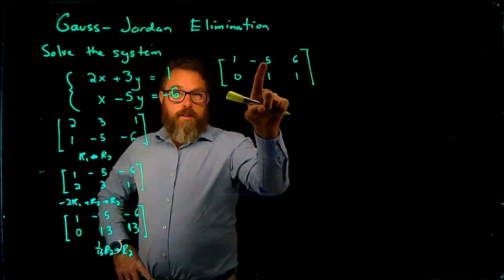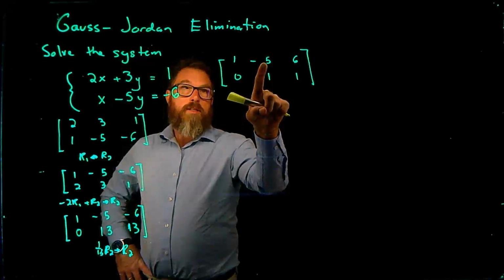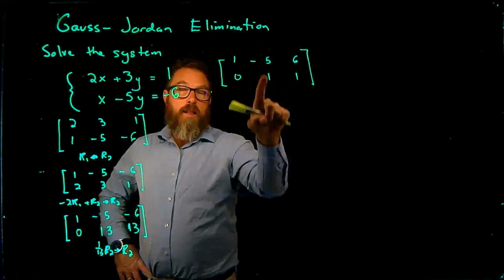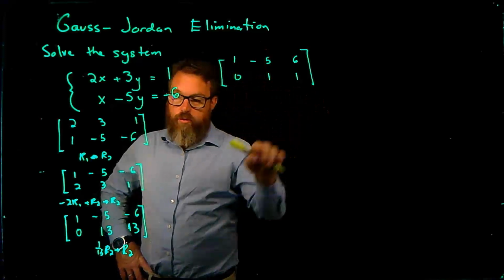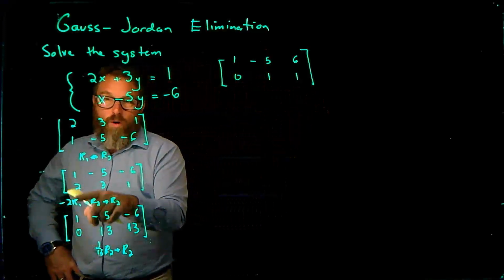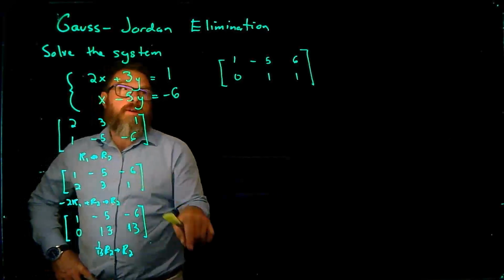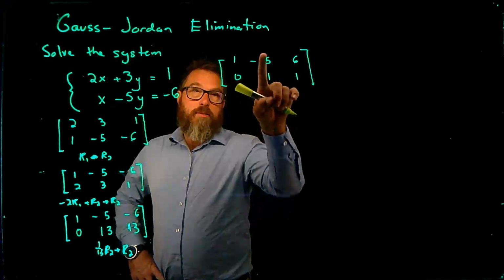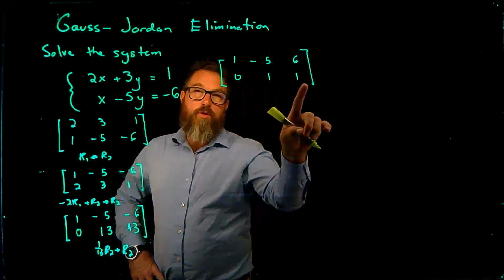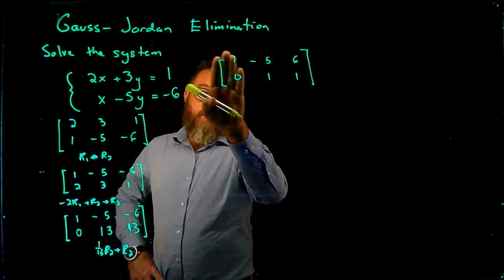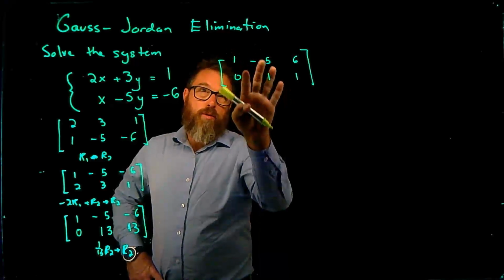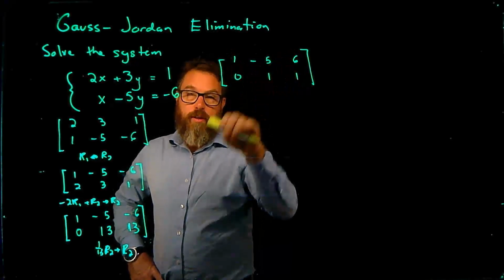I want to now make this a 0 as well. So since I'm in column 2, I'm going to use row 2. Just like before, I was in column 1, so in order to use column 1 to make that 2 a 0, I used row 1. It's the same kind of idea, since I'm now in column 2, I'm going to use row 2. But it's important that we make this left-hand triangular matrix 1, 0, 1 first before you start going after this.